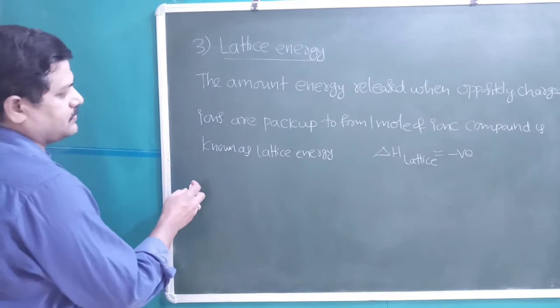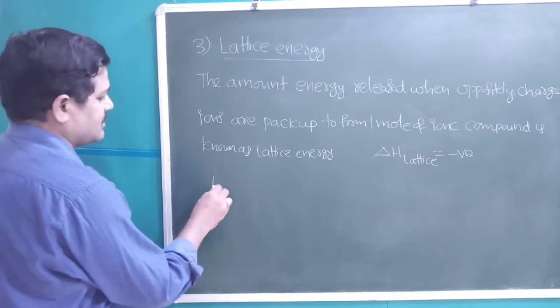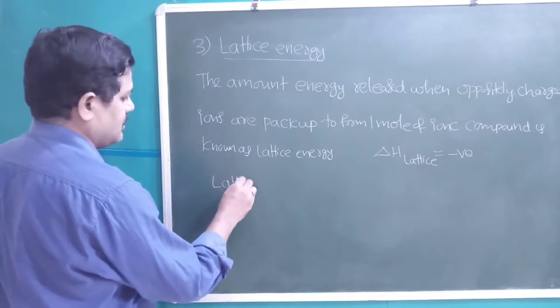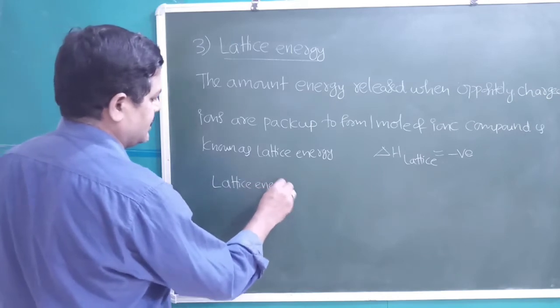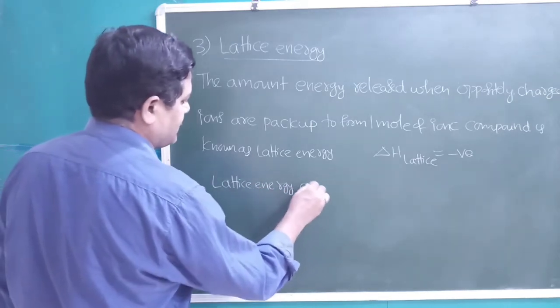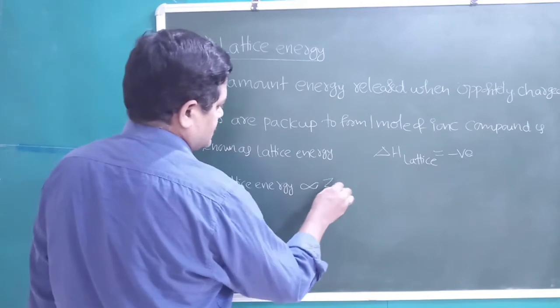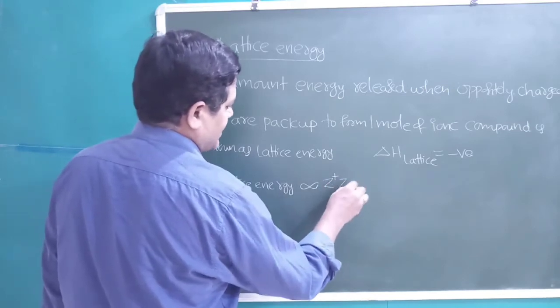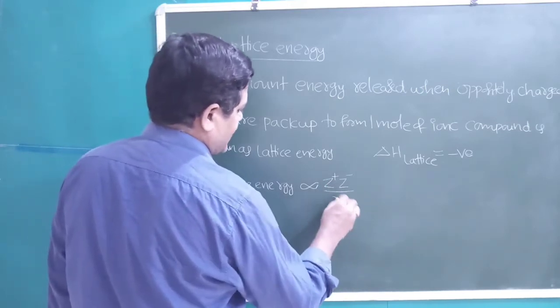Then students, lattice energy is directly proportional to Z plus multiplied by Z minus divided by R naught.